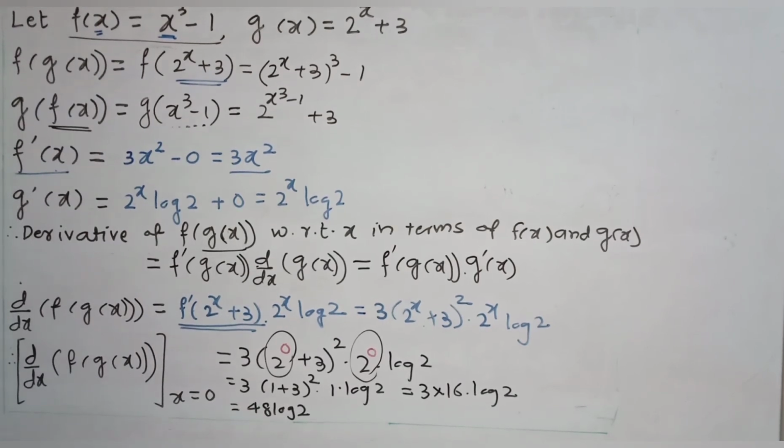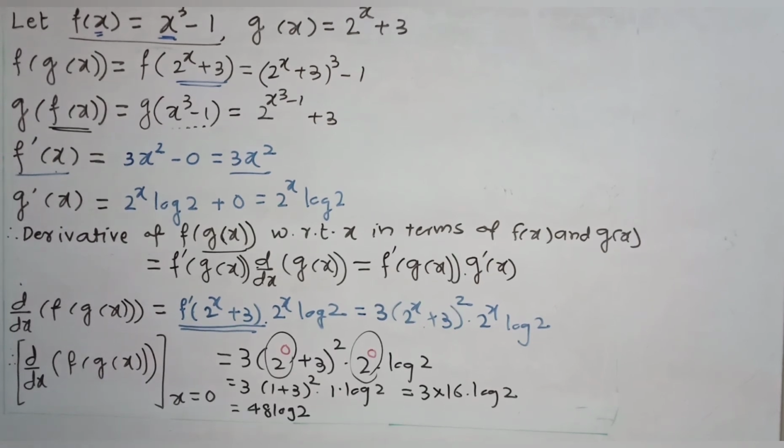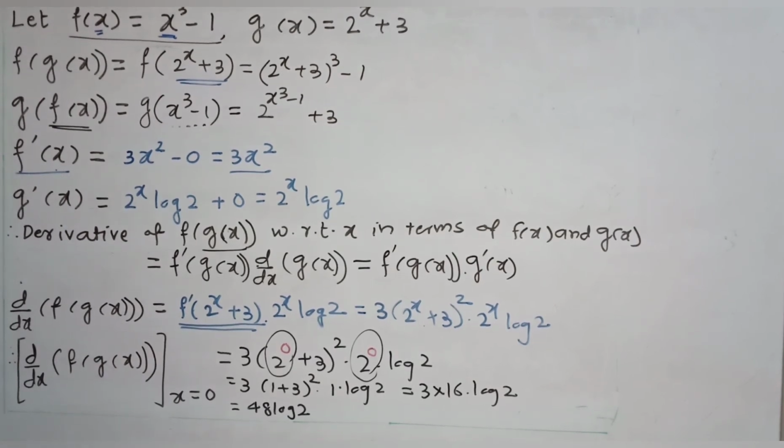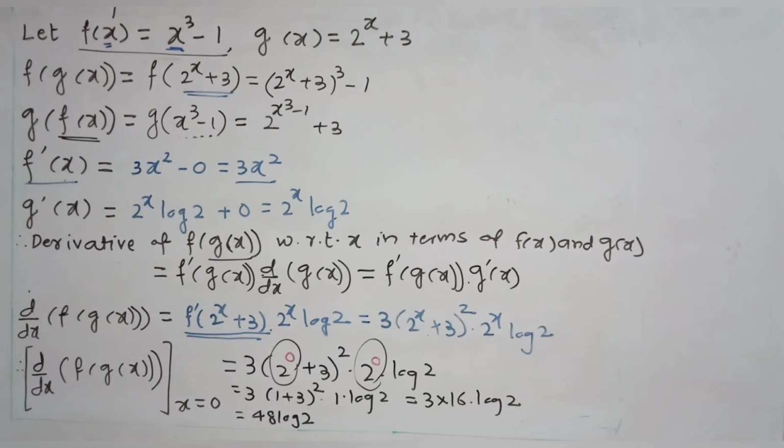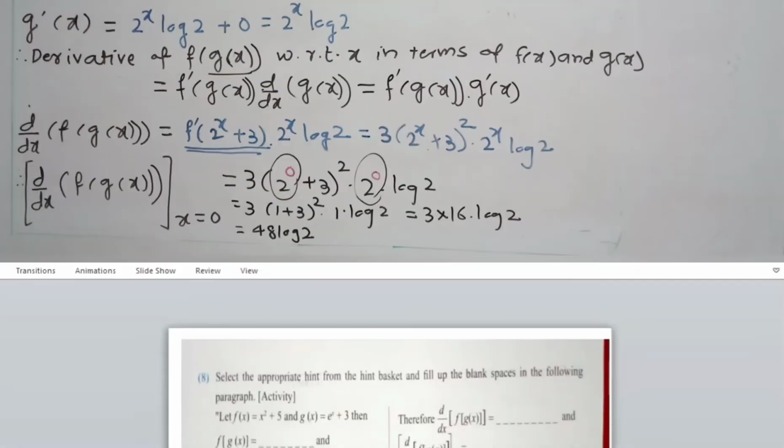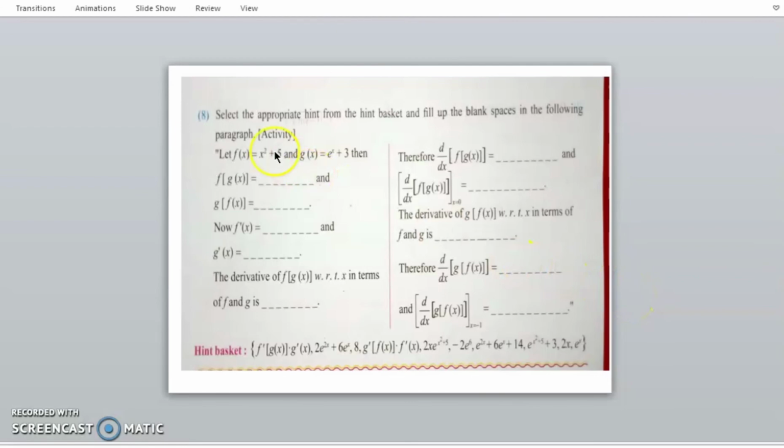So in the same manner you can answer the activity given in exercise 1.1 in the textbook. This is the activity given in the textbook. It is very much similar to what I solved now, but I didn't use the hint basket, which gives you the possible answers that can be used to fill up these blanks.